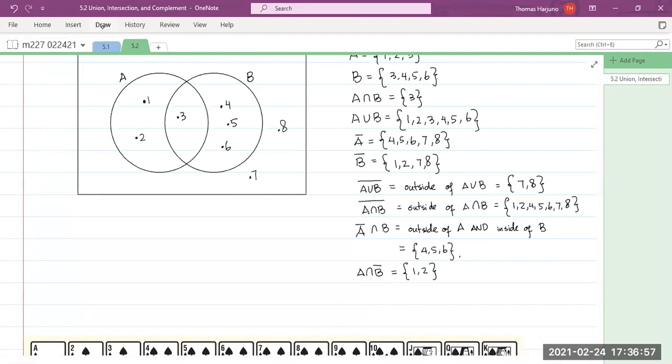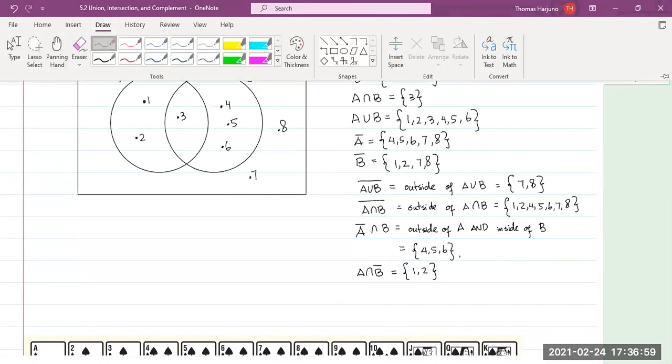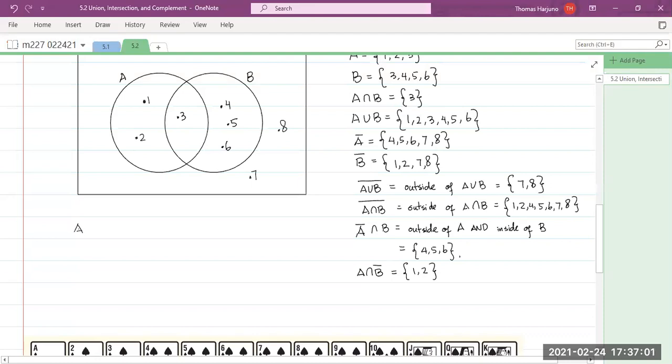Okay, now next, how about not A union B? This is outside of A or inside B. Inside B is 4, 5, 6.